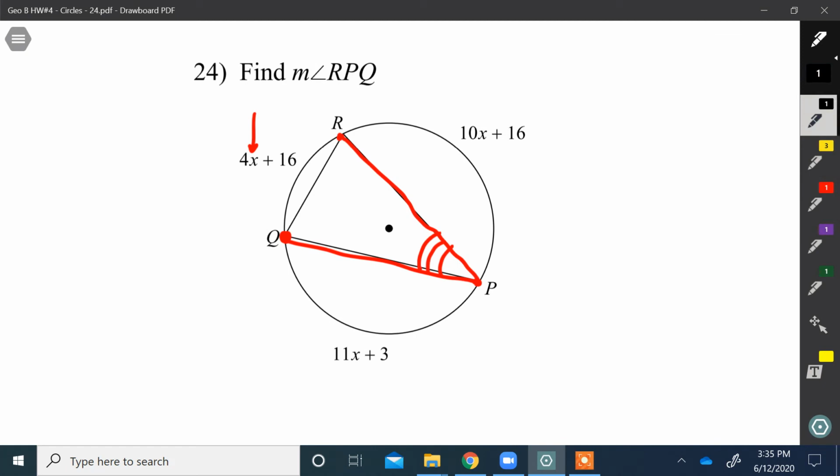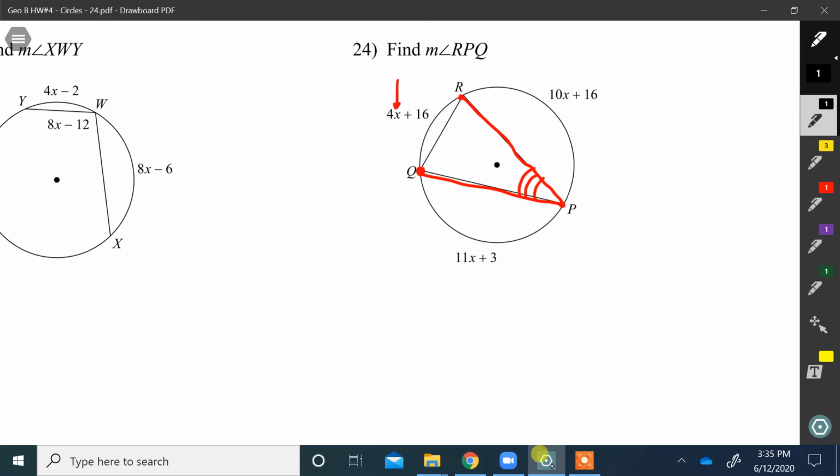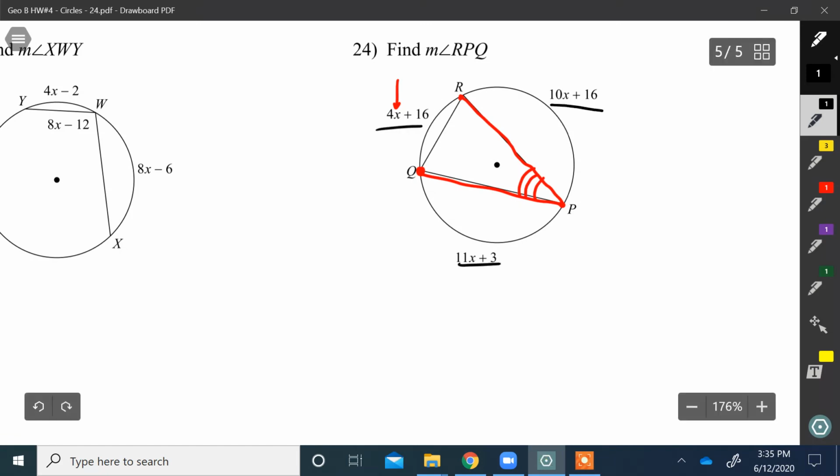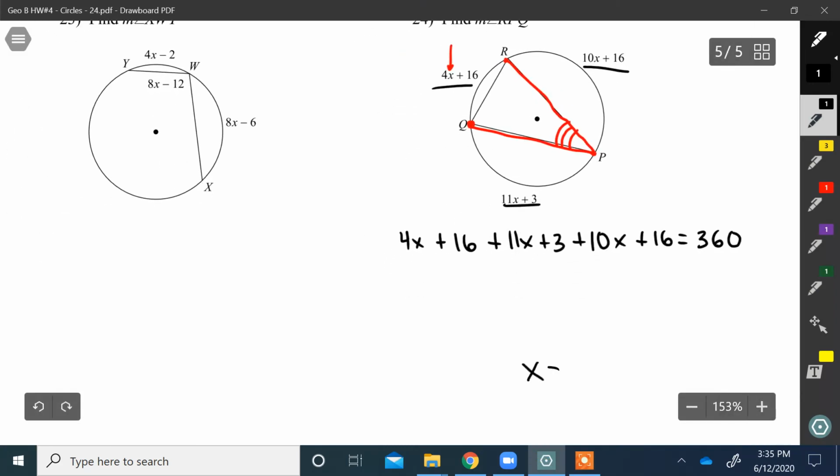All right, so now how do I find it? Well, you know that this plus this plus this should all add up to 360. So I'm gonna set it up for you. 4x plus 16 plus 11x plus 3 plus 10x plus 16 is equal to 360. Okay, after you find that, you're gonna get a value for x.